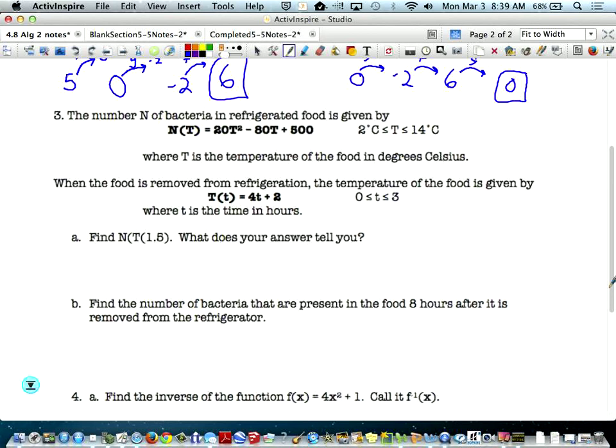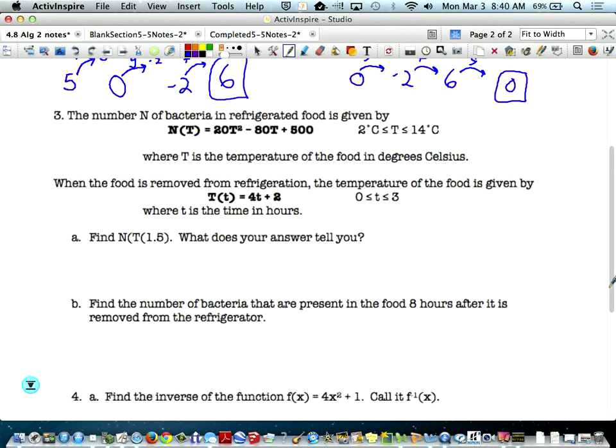Things will go to the other temperature. So if your turkey sandwich is at 34 degrees and you set it out in a 70-degree room, the turkey sandwich will warm up to room temperature, right? Slowly, but it'll get there. So that's why it's only 0 to 3 hours. They're probably saying the sandwich will be at room temperature in 3 hours.